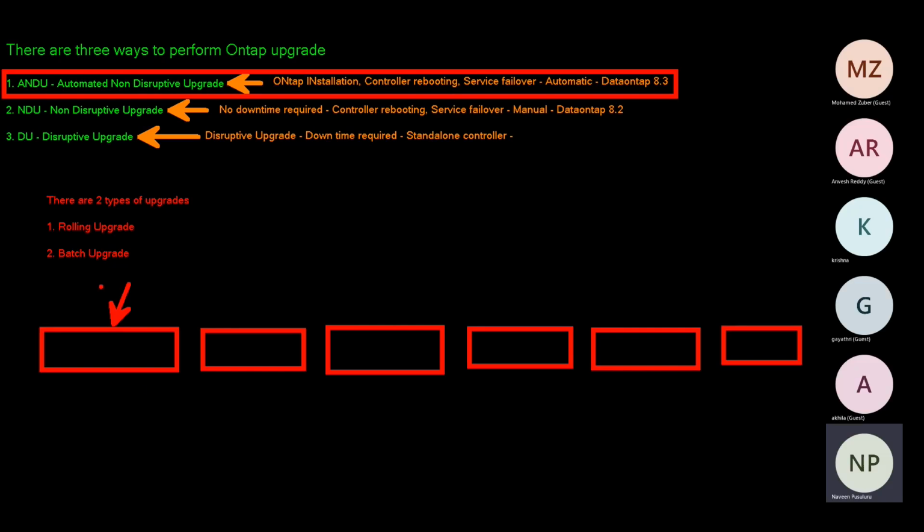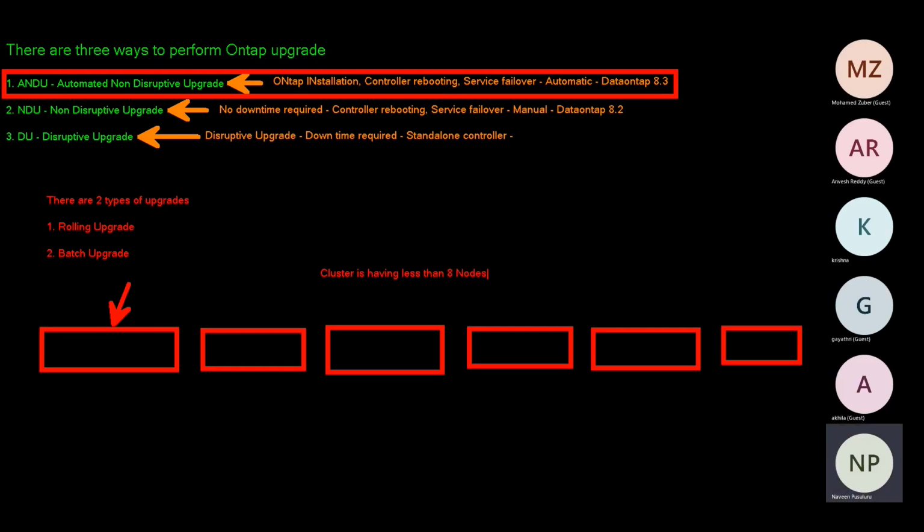First it will perform on node 1. Once node 1 is completed, it will do node 2, then node 3, like that. It will work on only a single node at a time. Rolling upgrade is the option it will go with if your cluster has less than 8 nodes.